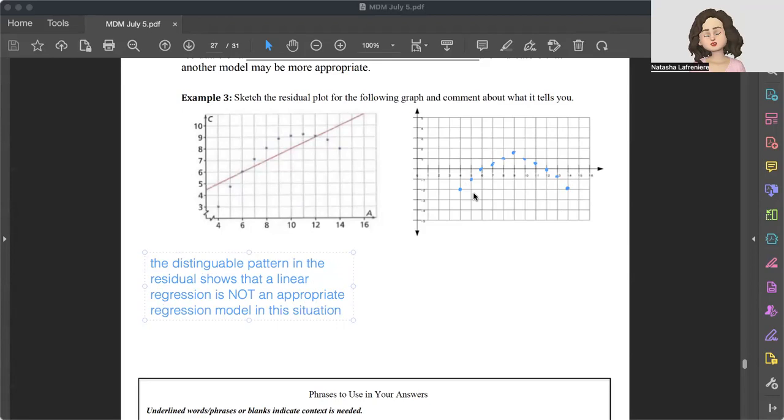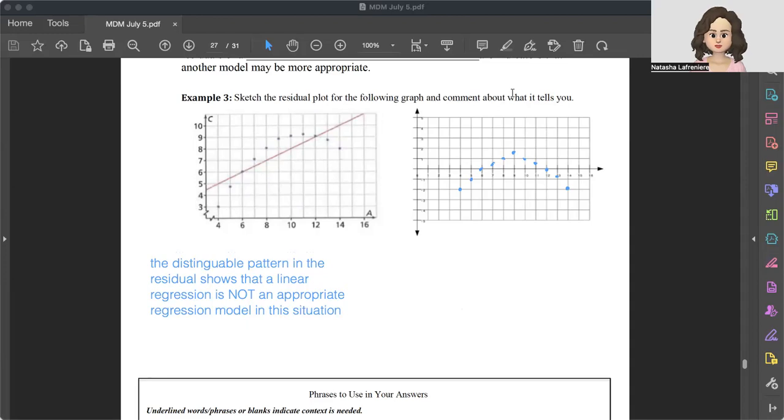In a simpler way, your points are making a curve, so it's not linear. You're not going to be able to do a line of best fit because it's not following the same pattern. Essentially it's saying it's not appropriate, it doesn't work. That's really it.